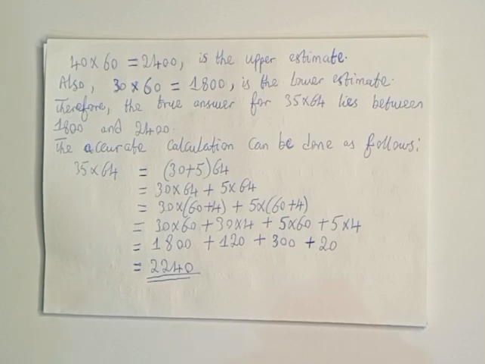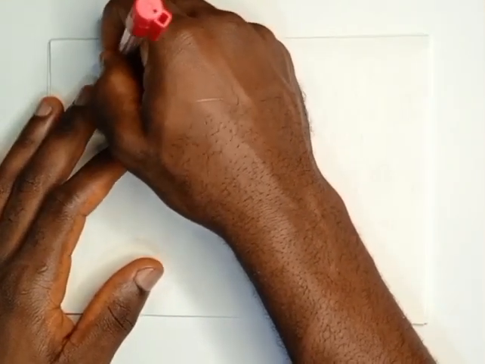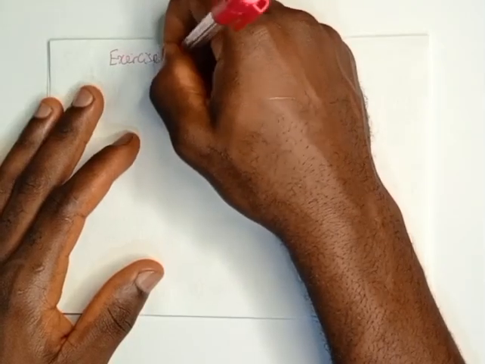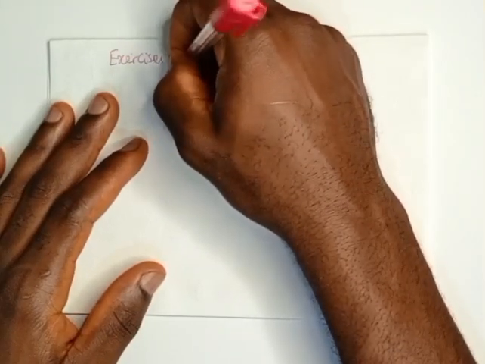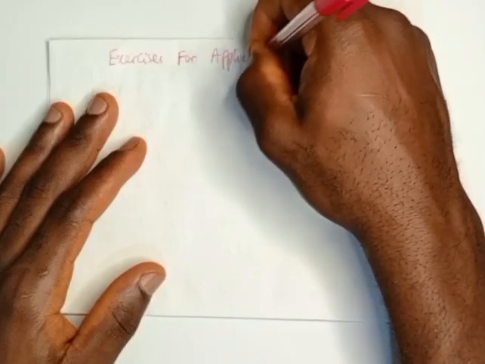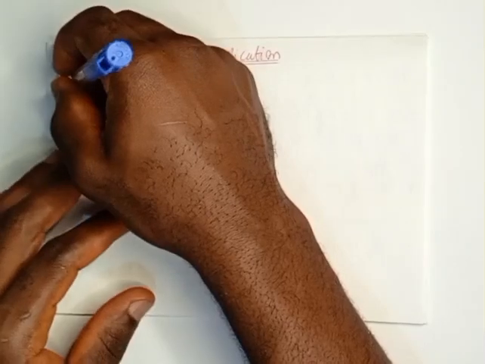We are going to end by taking down the exercises for application on approximating to a given number of decimal places, approximating to a given number of significant figures, and estimation. Exercises for application. Question 1.